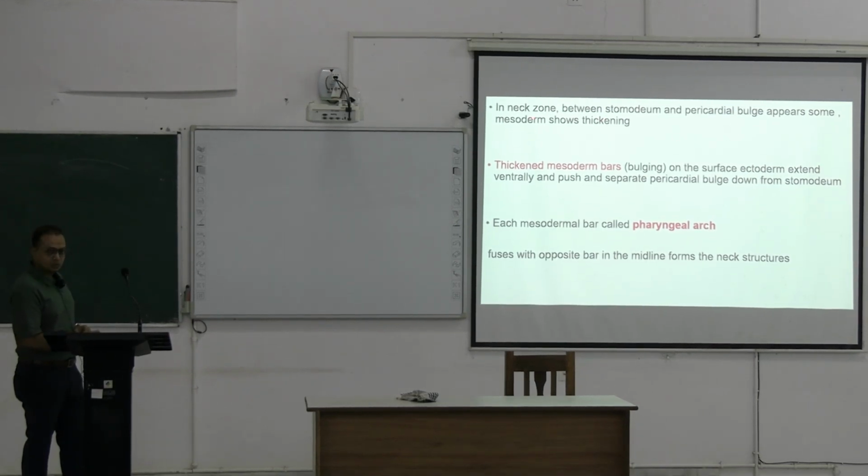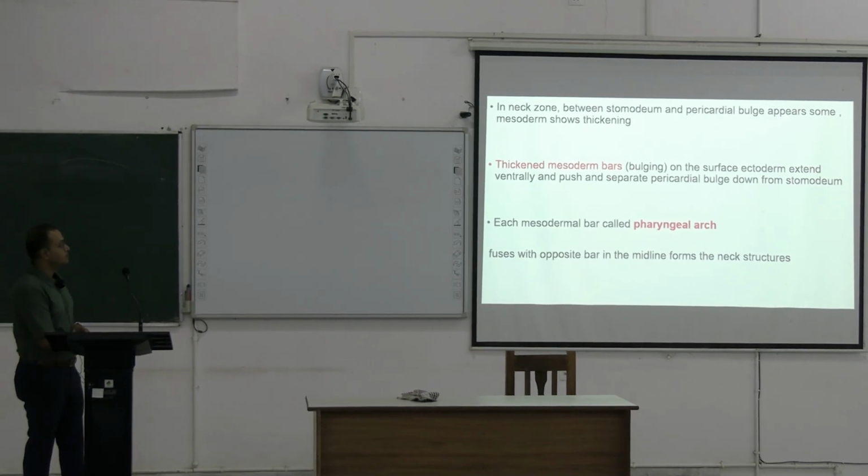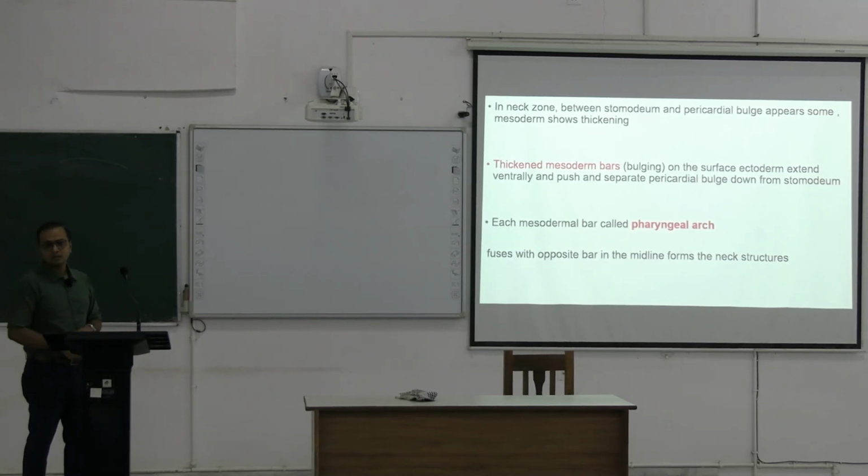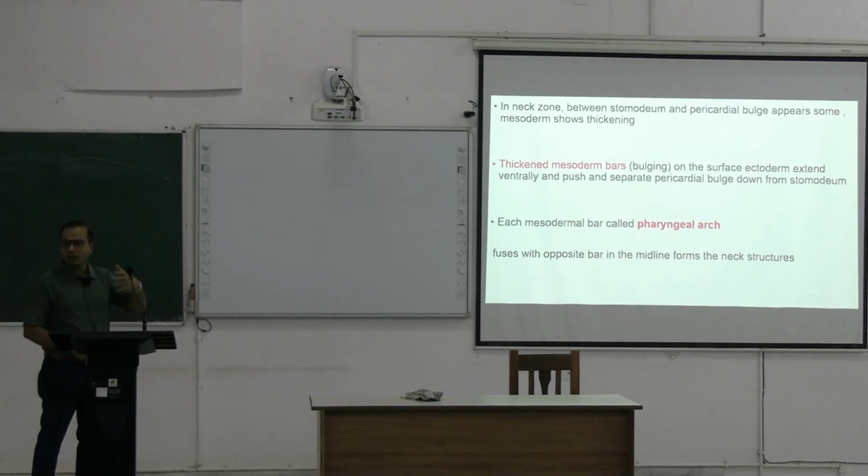This mesodermal tissue thickens in this region. This thickened mesodermal tissue forms a bar which bulges out with time. This bulging of bars of mesodermal tissue we call the pharyngeal arch. The pharyngeal arch keeps on growing and coming up.